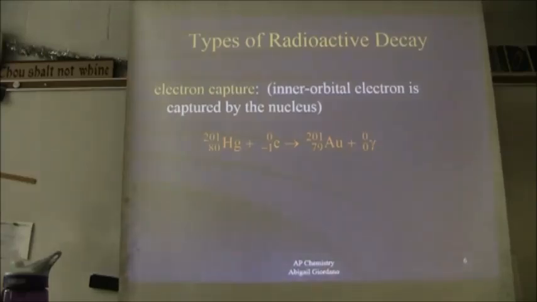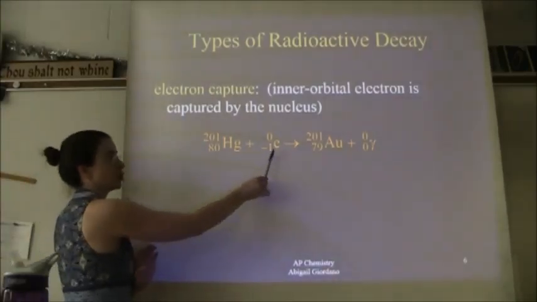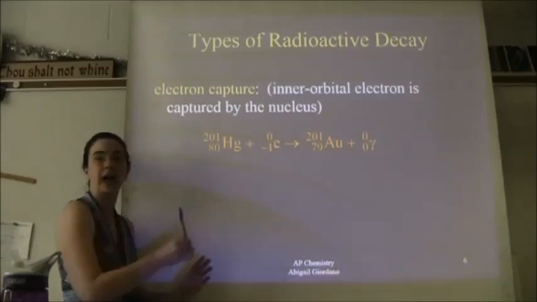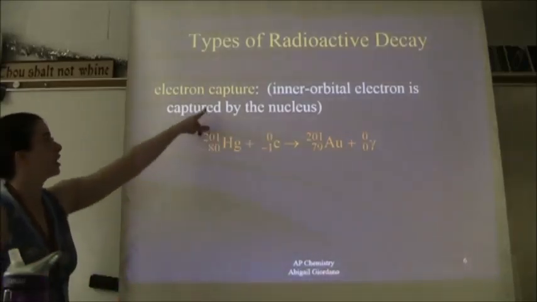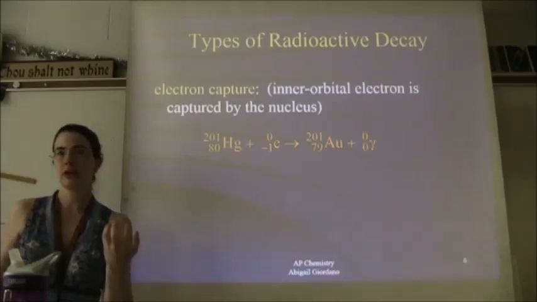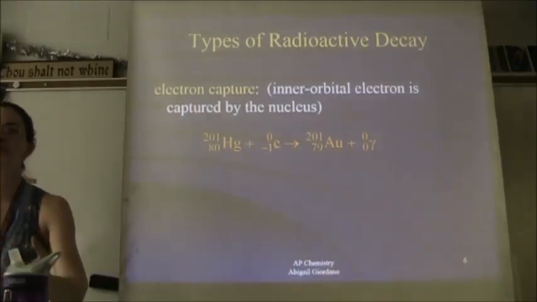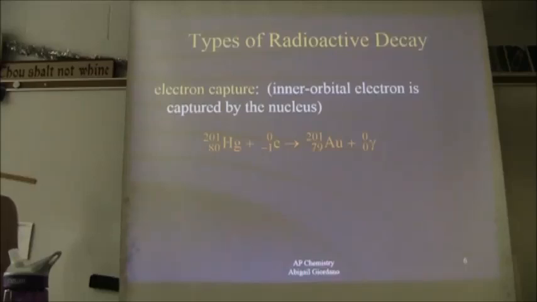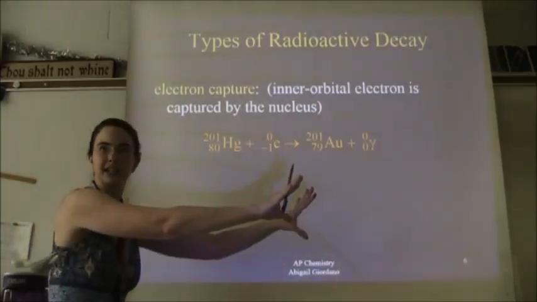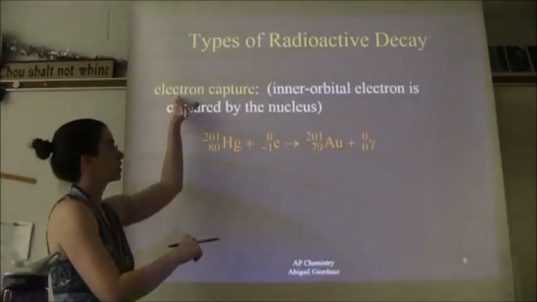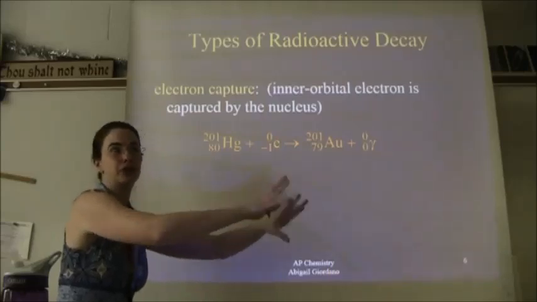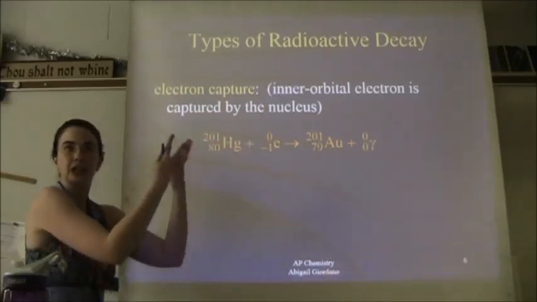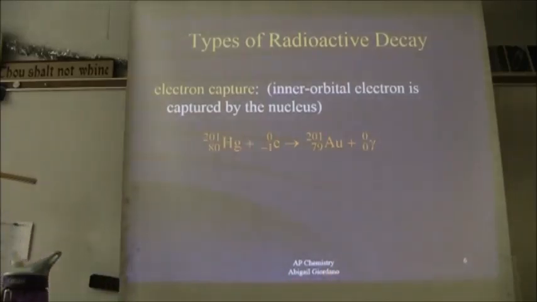This is the only one that has something special on the reactant side. But it's easy to remember, guys. Think about what the word capture means. If a person is captured, they're taken and kept by somebody else. They're not released. Okay? Electron is not released or produced. It's taken in. It's on the reactant side.